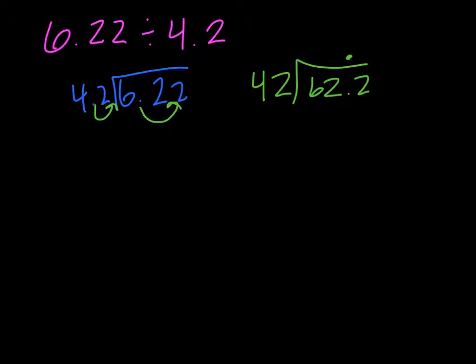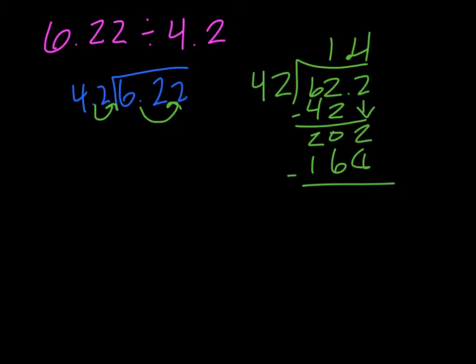So 42 goes into 62 one time. 1 times 42 is 42. And if we subtract, we get 20. Bring down a 2. 42 goes into 202 4 times. 4 times 42 is 168. So we subtract.